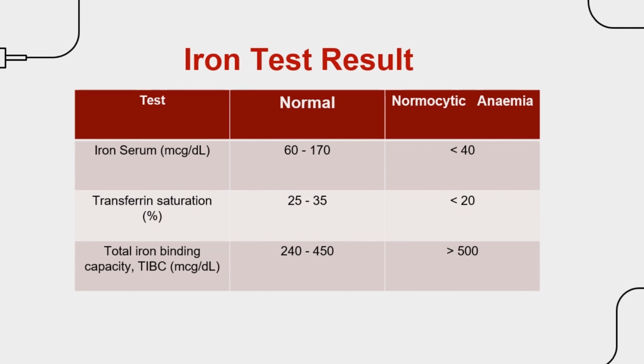As I said earlier, the person with normocytic anemia has low levels of serum iron and transferrin saturation compared to the normal one. In contrast, the total iron binding capacity or TIBC of normocytic anemia is much higher than in the normal person.